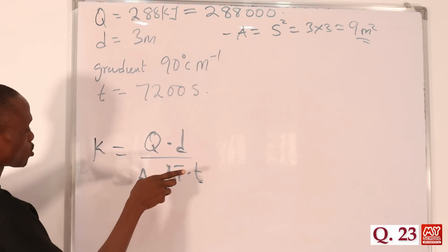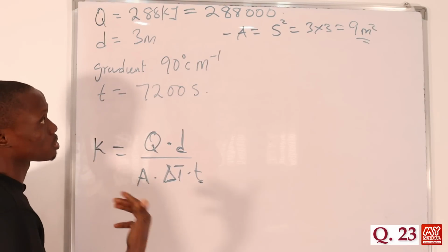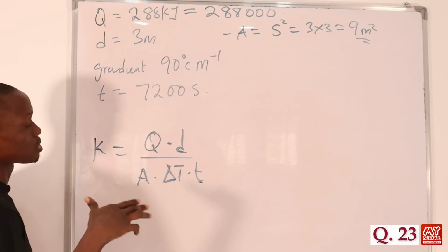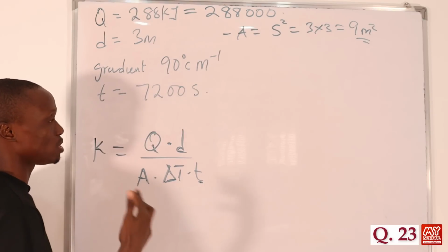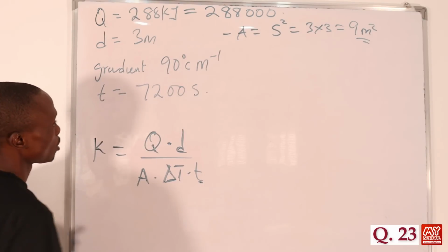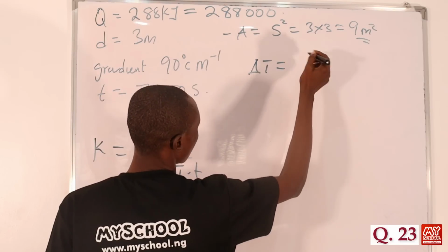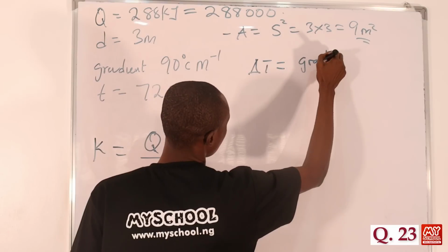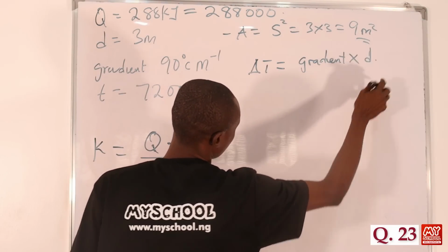If you look at this question very well, we are given the temperature gradient. Remember that temperature gradient is defined as the temperature difference per unit length of heat transfer path. So in this case, our change in temperature will be equal to the temperature gradient times the thickness of the material.